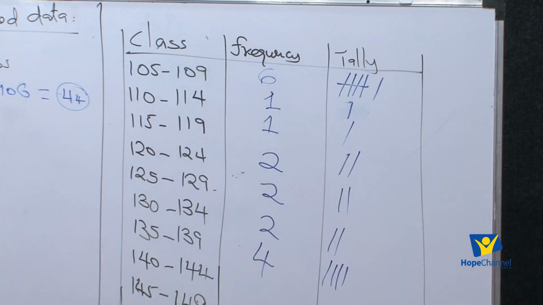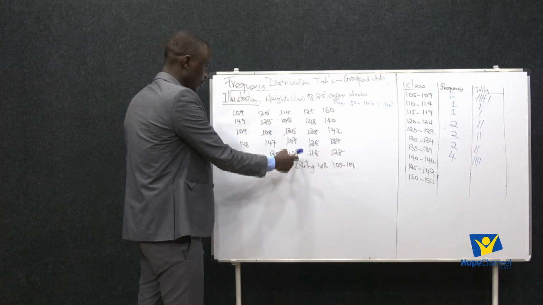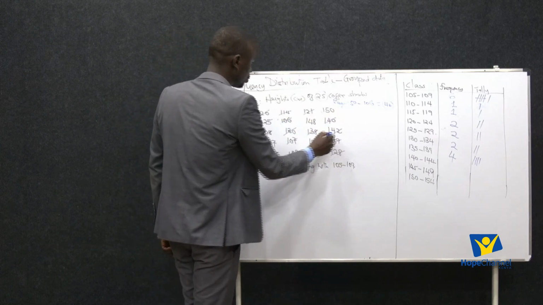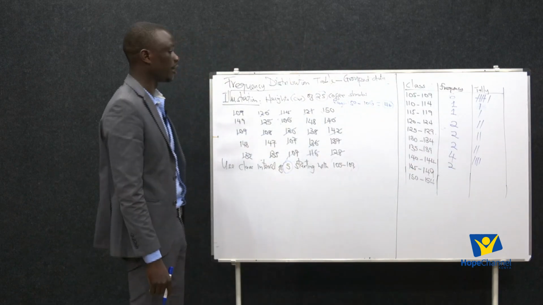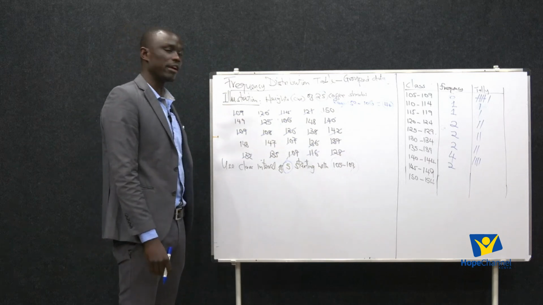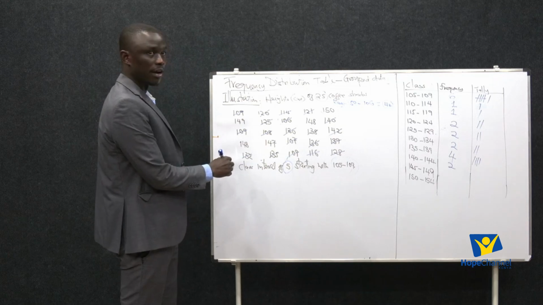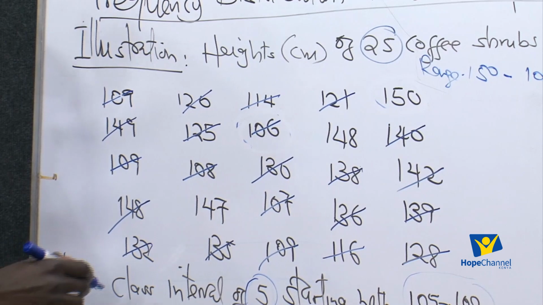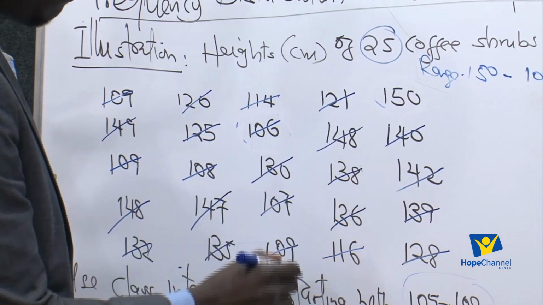Good. 140 to 144: 1, 2. So here we are only having 2. Then 145 to 149: 1, 2, 3, 4.